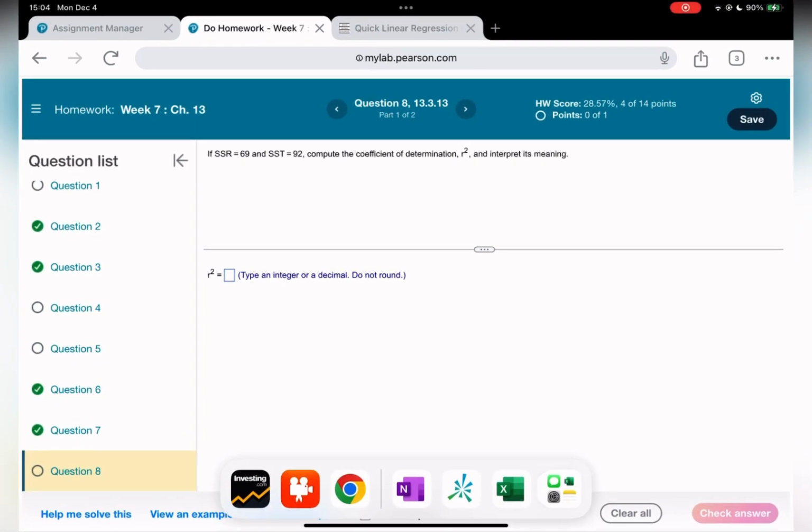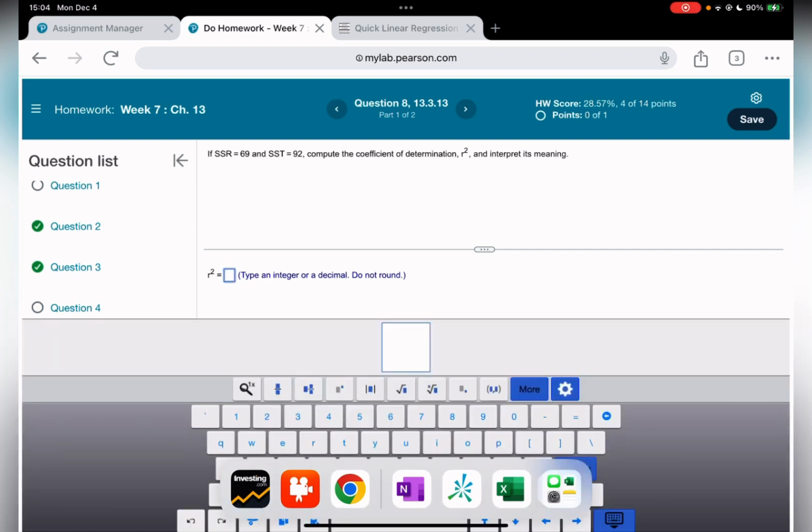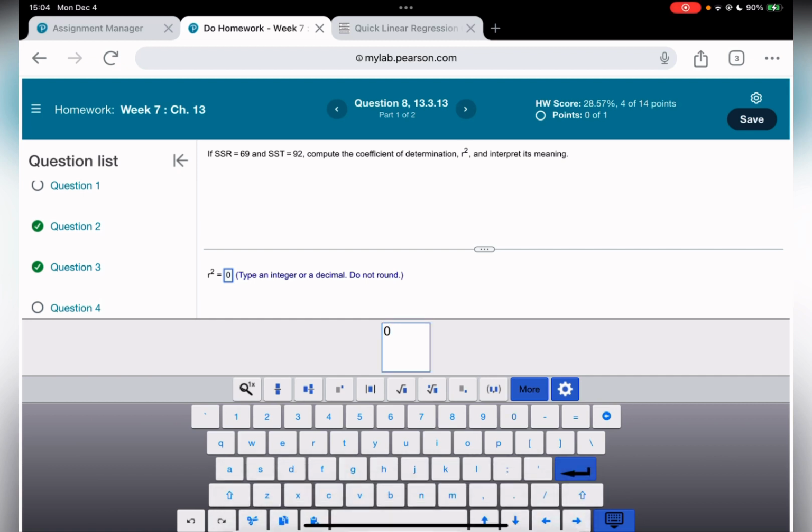Okay, if I divide 69 divided by 92, I'm getting 0.75.